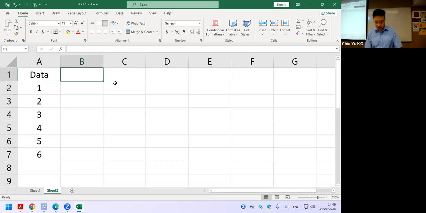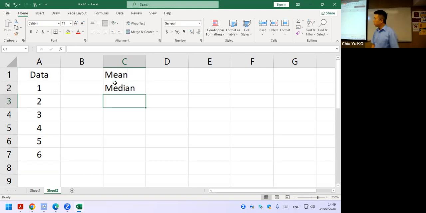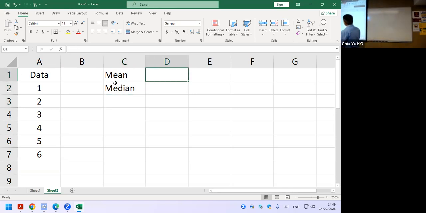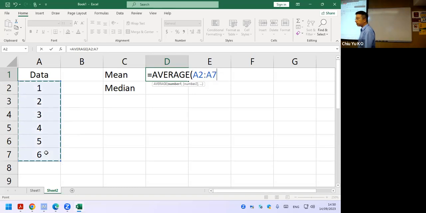So usually we have mean and median, and then I put the number here. Then I want to take the average of these entries. How we're going to do that is called self-referencing. I type average, and then I use my mouse to click and drag, if you are a mouse person.